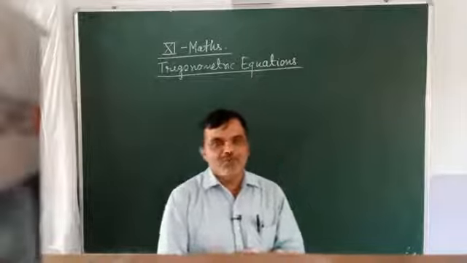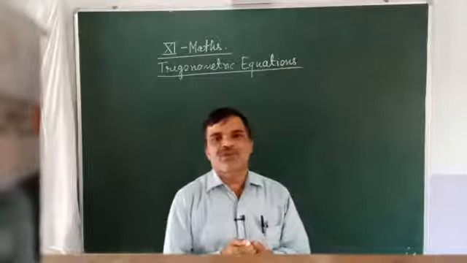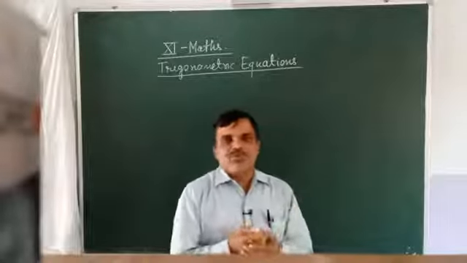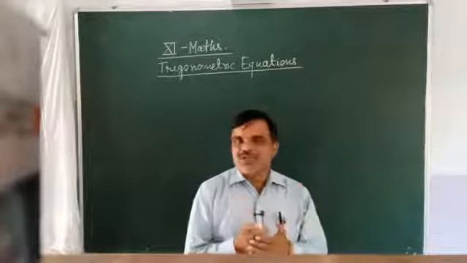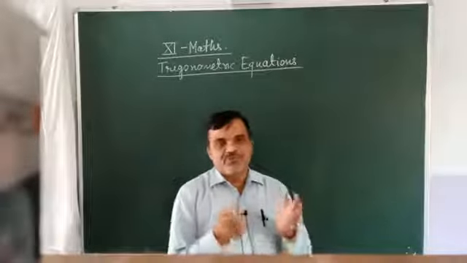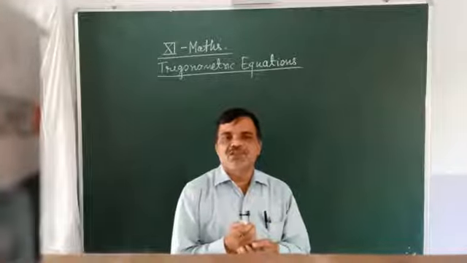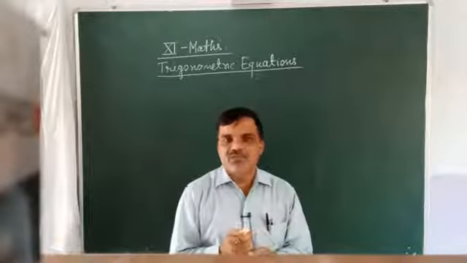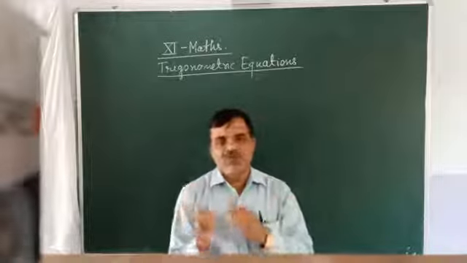Now we come to the next topic. What is the principal solution of trigonometric equations? The principal solution is the solution of a trigonometric equation for which we apply the interval 0 degree to 2 pi.